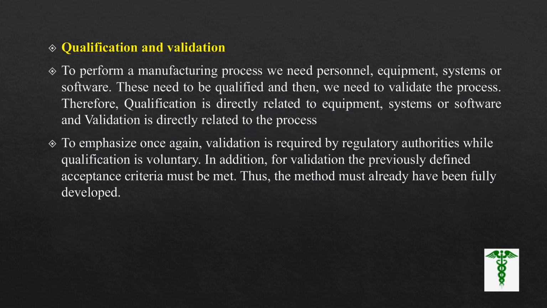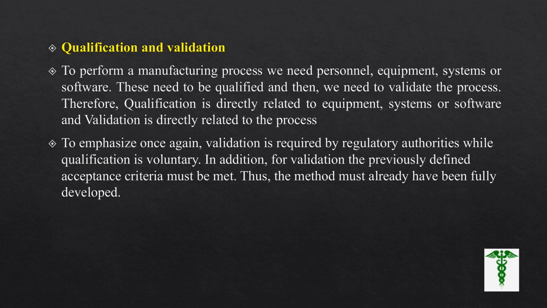Coming to the next term, qualification and validation. So whatever manufacturing process we need to execute, we need personnel, meaning staff, equipment, systems or software. So for that purpose, all of these need to be qualified, or we need to validate the process.